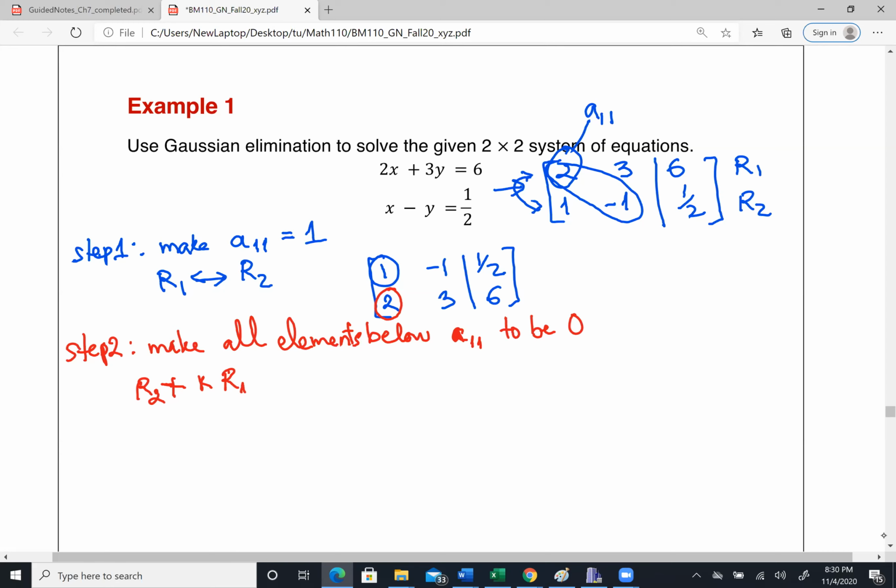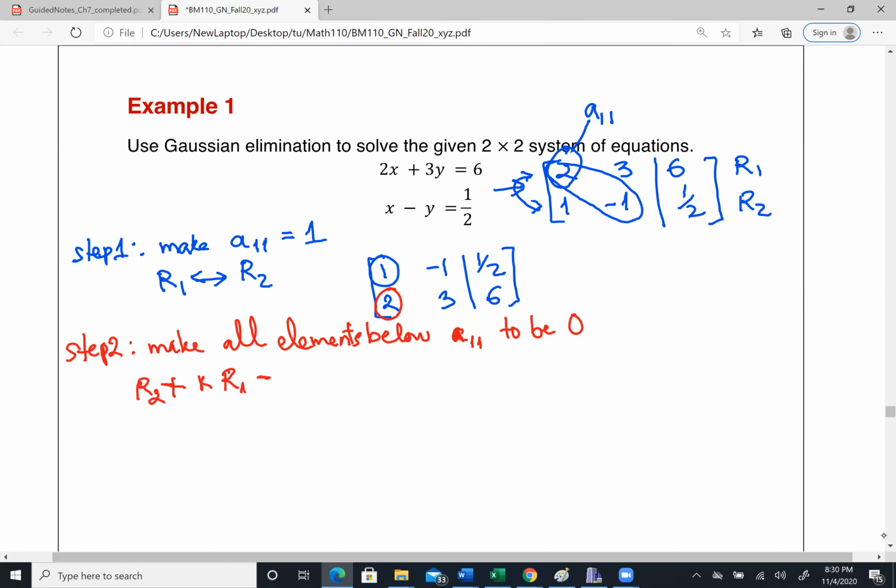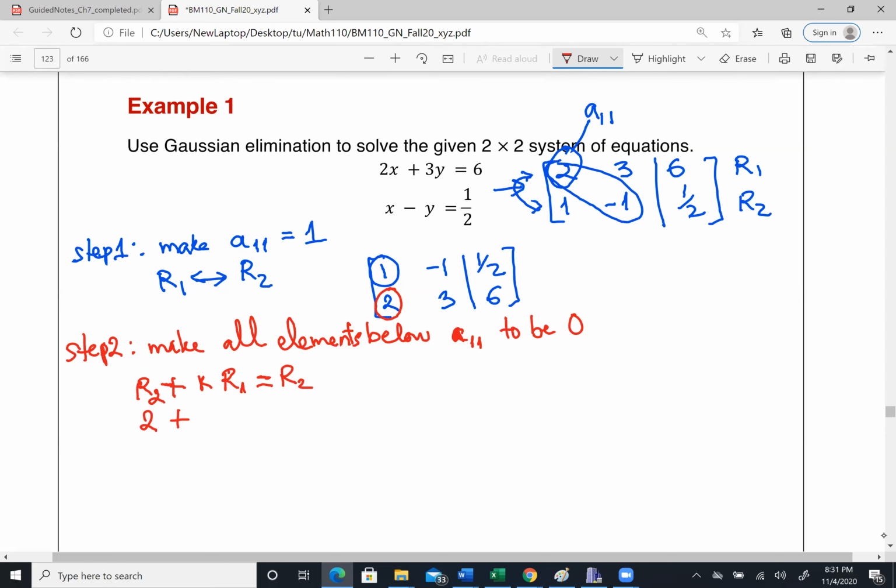What is k in here? That will make the new row 2. So it's row 2 plus k, which I don't know yet, multiplied with 1 from row 1, and then equal to 0 because I want to make it equal to 0.